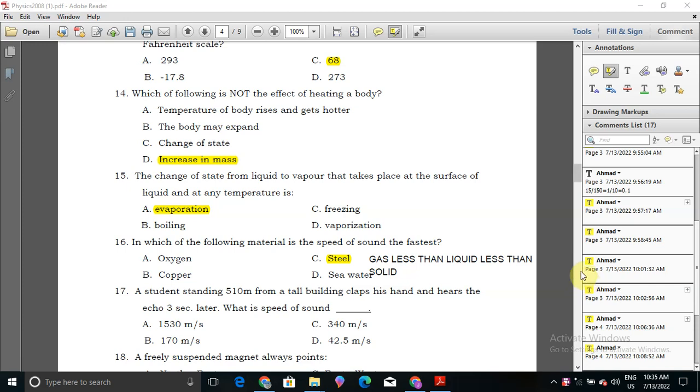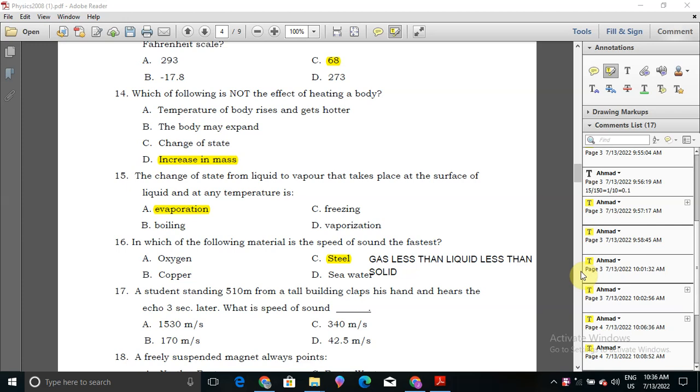First of all, there is a formula for the speed of sound. Velocity, or the speed, V is equal to 2S over t. That means 2 times distance over time, and we have here the distance and we have the time.